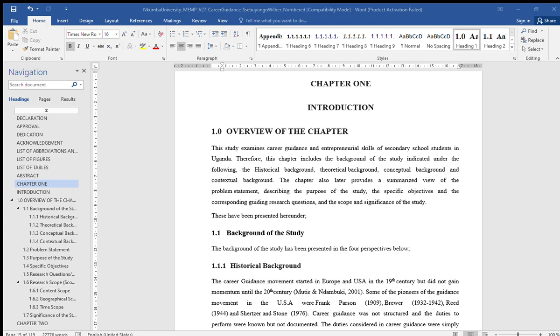Yes, thank you. It is possible to use them if you have indicated in your methodology that you're going to use both the quantitative and qualitative research approaches.